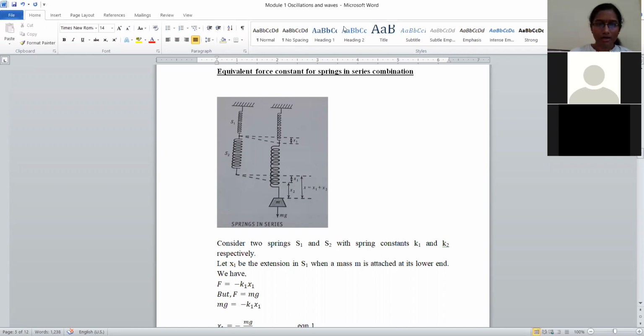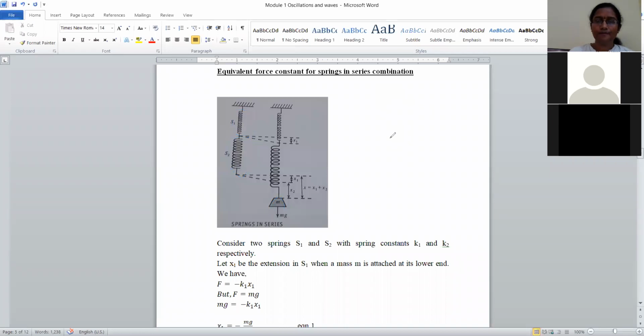See here, this is one spring and this is another spring, correct? So there are two springs. To these two springs, a mass has been tied. It is suspended by these two springs.